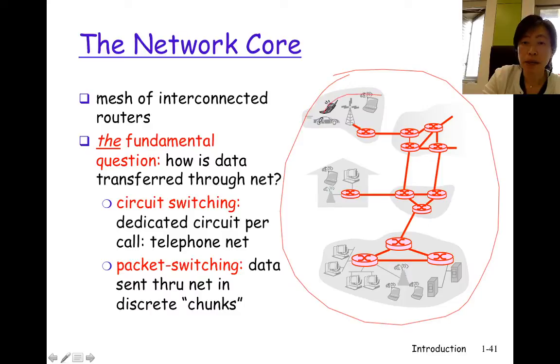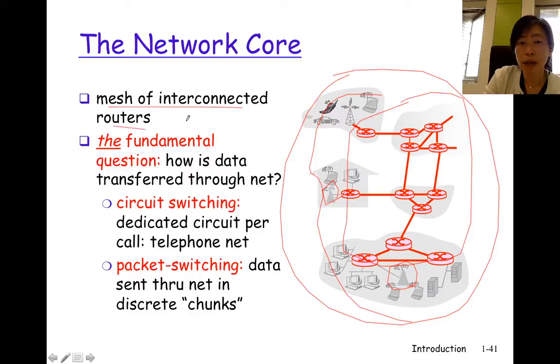These are the end systems, and we have learned about the access network. What's left is just the core. So if I use one sentence to describe it, the internet core is essentially a mesh of interconnected routers. So all these cylinders here are routers. Good. Now, this is the physical view of the internet's core.